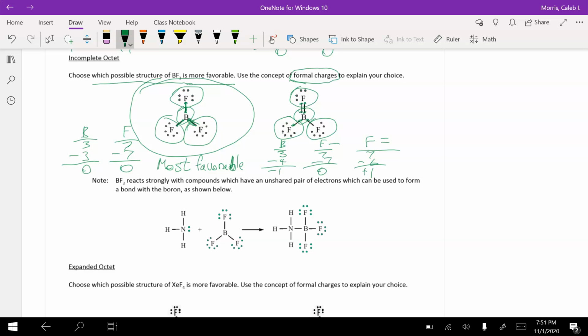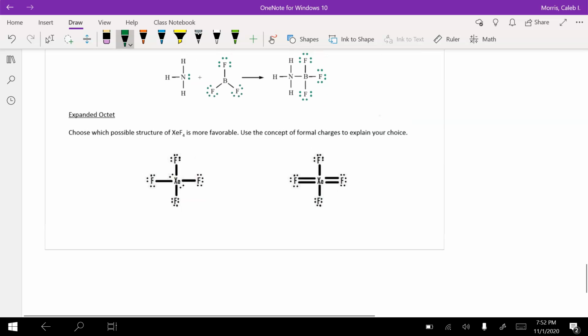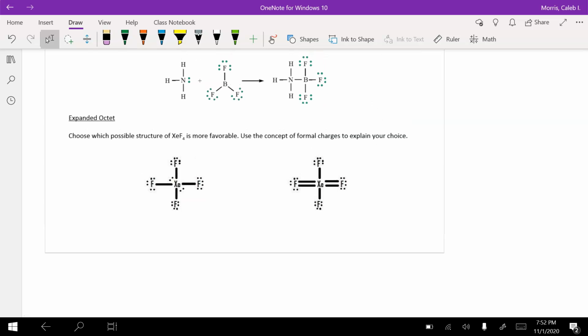Note that BF3 often reacts strongly with compounds which have an unshared pair of electrons and can be used to form a bond with boron. Something like NH3 can react with BF3 to form NH3BF3. Then we've got one more, the expanded octet.